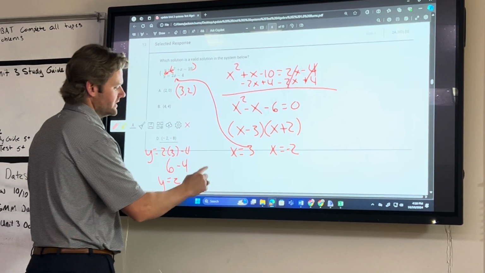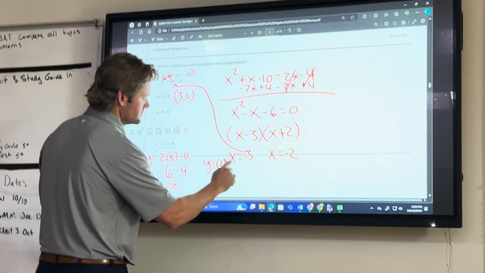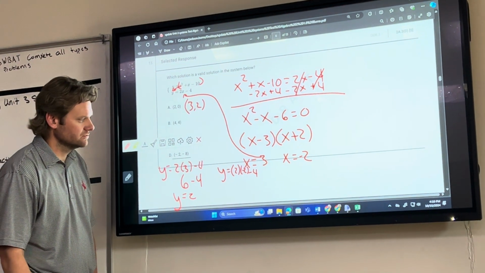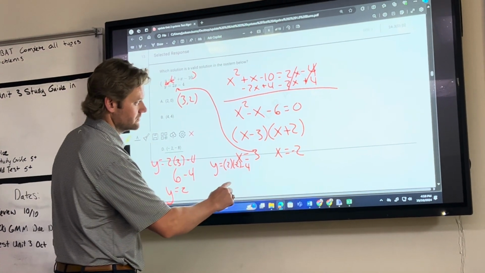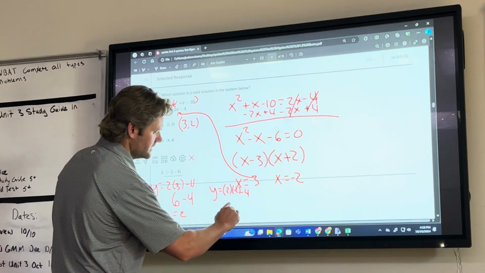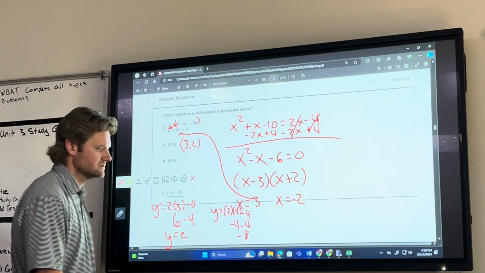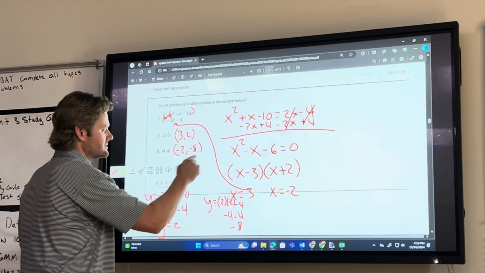The other, I plug in -2. So y equals 2 times -2 minus 4. 2 times -2, right, is going to give me a -4, minus 4 gives me a -8. So one of my solutions is (-2, -8).